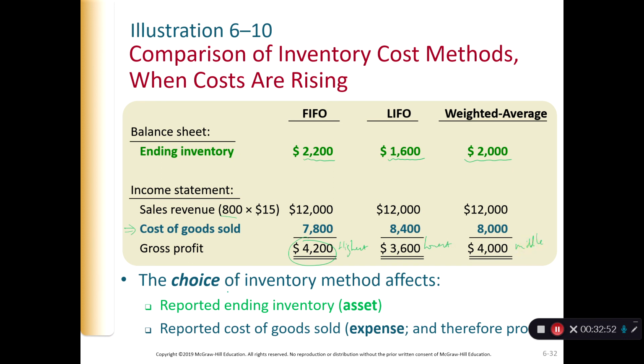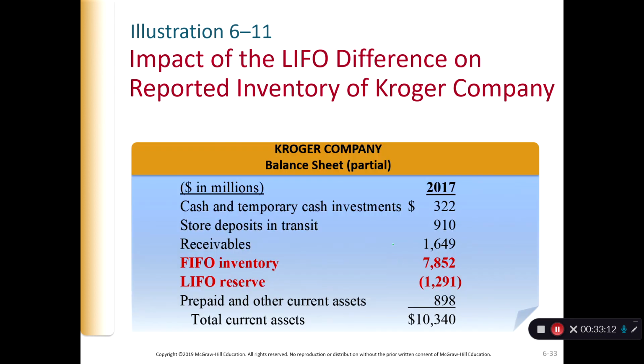So therefore, the choice of inventory method or inventory assumption, whether you use LIFO or FIFO, is related to how much you're reporting in your ending inventory and how much you report as cost of goods sold, and further influences your net income. Okay.